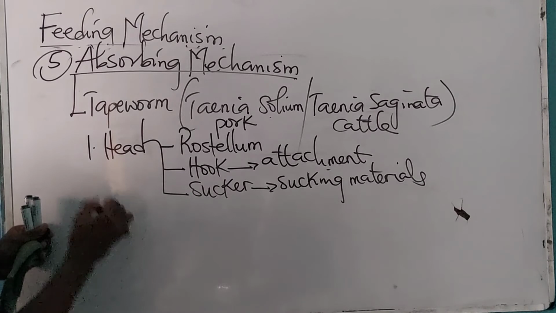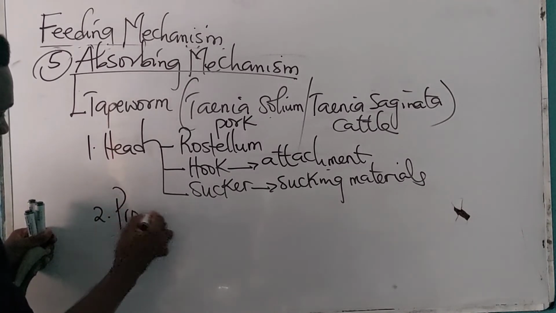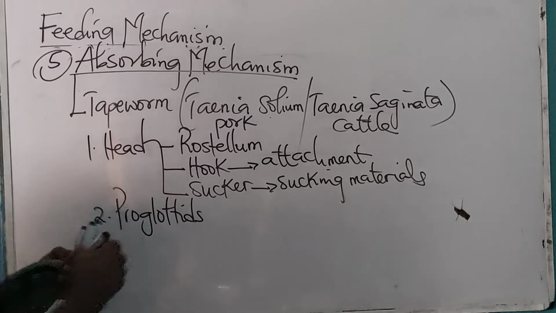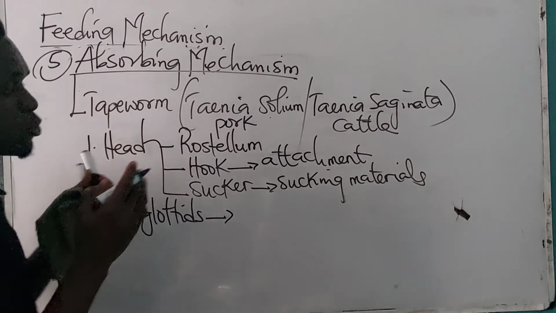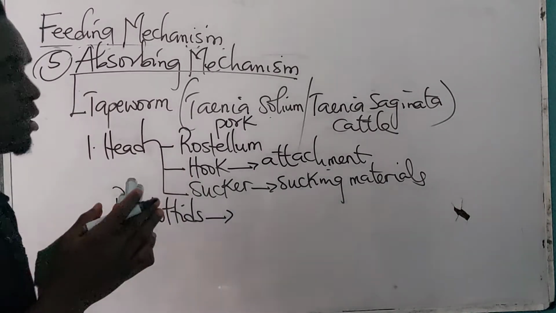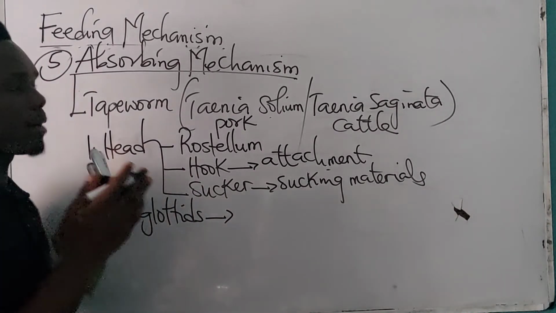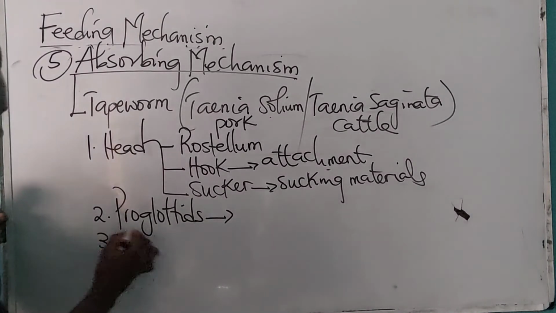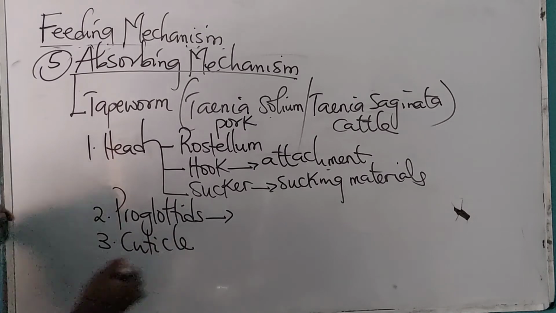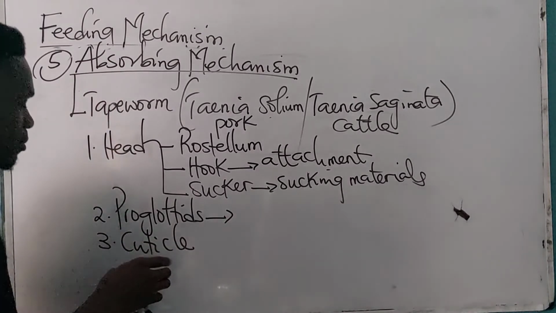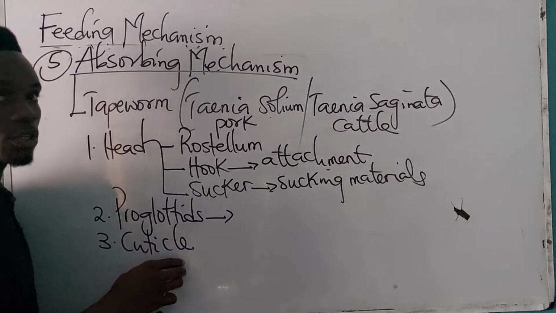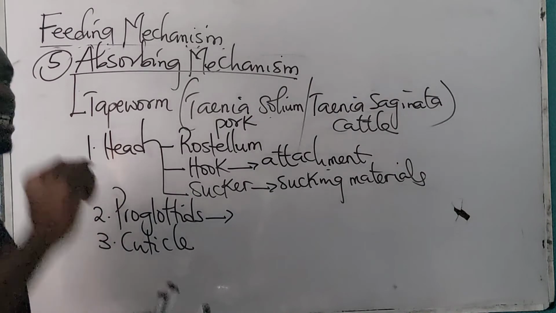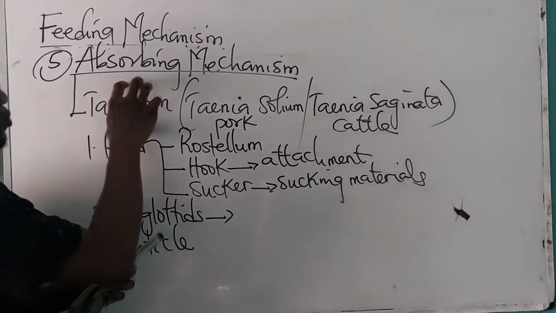Then two, definitely it has the proglottids. Now the proglottids enable it to absorb food materials efficiently. Another thing it possesses is a cuticle. The work of the cuticle is to prevent the tapeworm from being digested by the enzymes that the host produces.